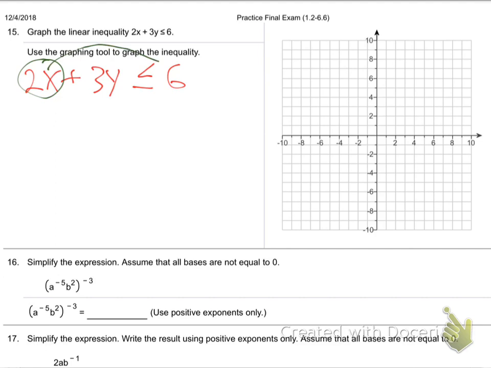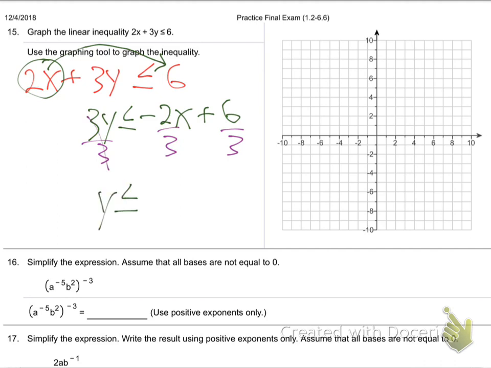Grab this 2x. Jump it over. 3y is less than or equal to minus 2x plus 6. Last step to get y alone: divide by 3. So y is less than or equal to minus 2/3 x plus 2. 6 divided by 3 is 2.